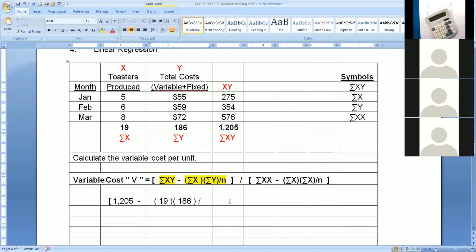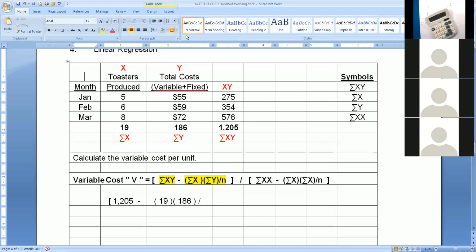So if you're going to average something, what would you divide by? Well, how would you get it? If you wanted to get the average, say, of 19, how would you get it? Divide by 3. Yep. So n is just the number of months here.